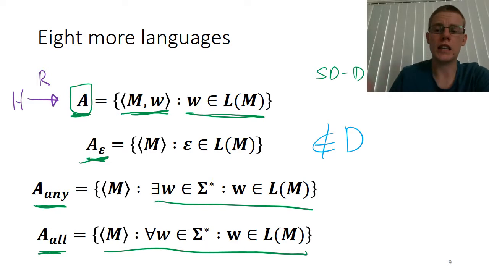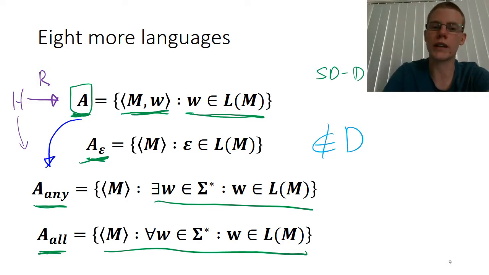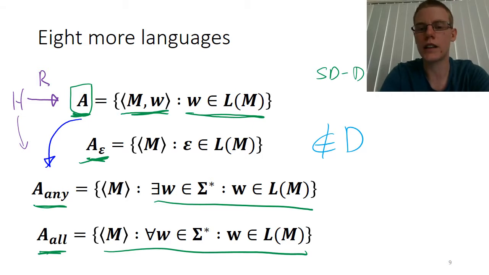Then you can either reduce the halting problem to all of these problems, or you might prefer to reduce A to all of these problems, and by doing so, show that they're not decidable. Then you can talk about their complements and show immediately that their complements are not even semi-decidable.